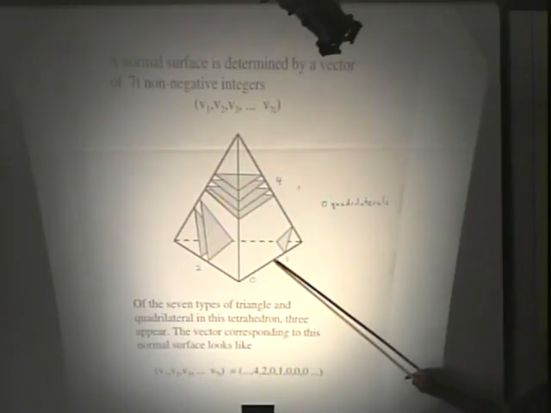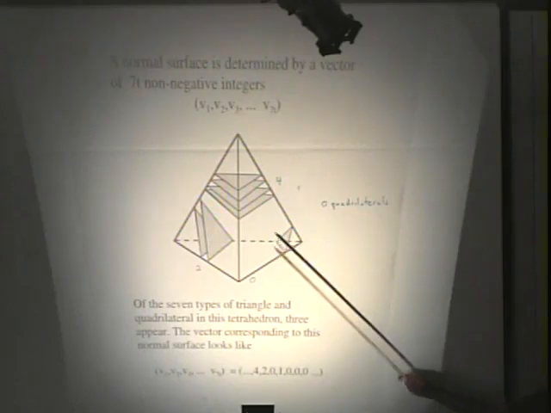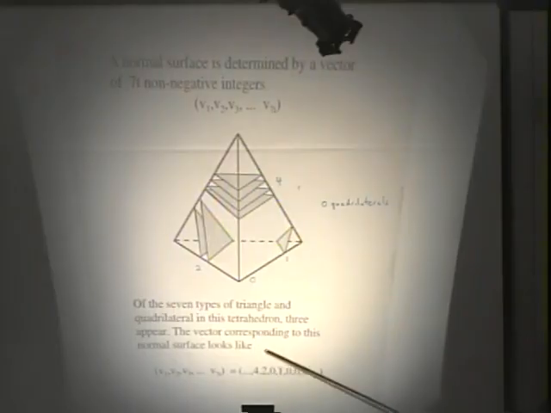So for example, a vector representing a normal surface that intersects a tetrahedron in this picture might have these 7 coordinates in it somewhere. There's a 4 here indicating 4 triangles, a 2 here indicating 2 triangles, a 0 indicating 0 triangles there, 1 indicating 1 triangle, and these 3 zeros indicating no quadrilaterals.